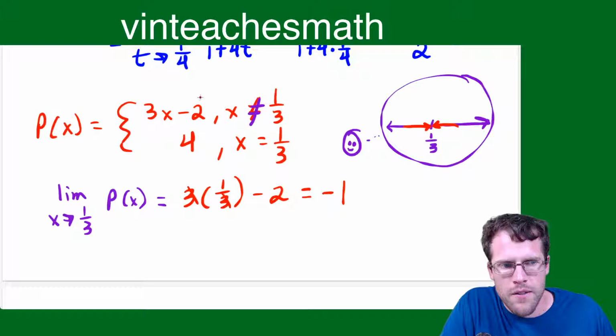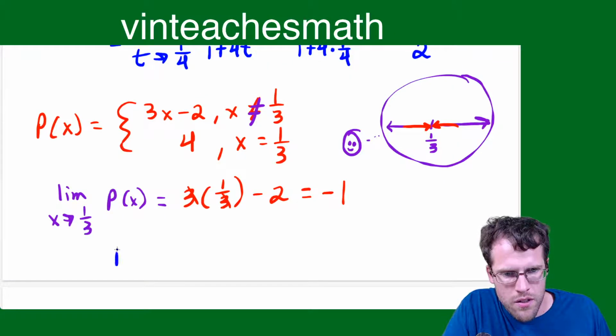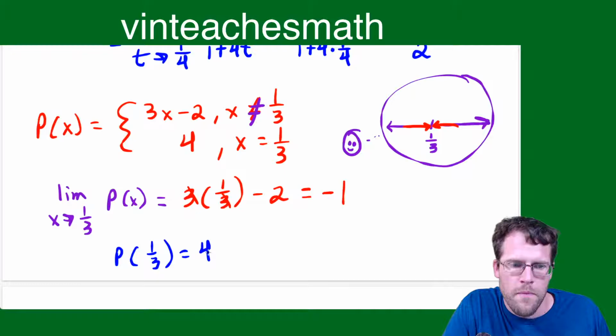Now let's say we want to determine if this function is continuous. We would have p of 1/3, and that's equal to 4. So right away it's jumping out at me that this is not a continuous function.